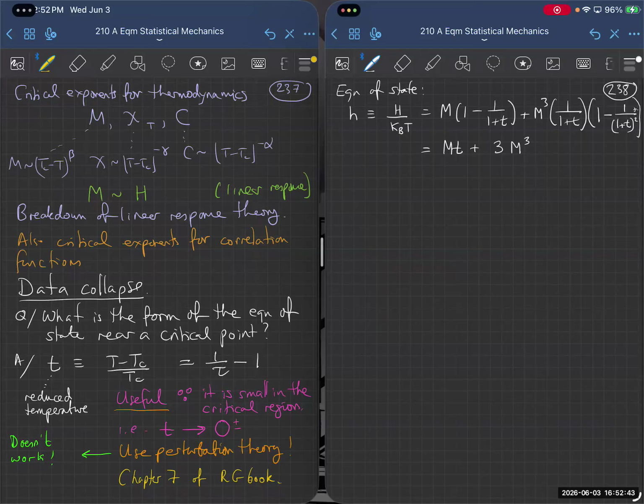I'm pretty sure I've made a mistake here. There's a factor here that's missing. I'm just not going to put it in. I'll correct it later. Okay, so this is the equation of state. So there might be a numerical factor.